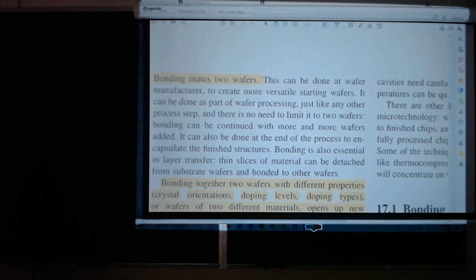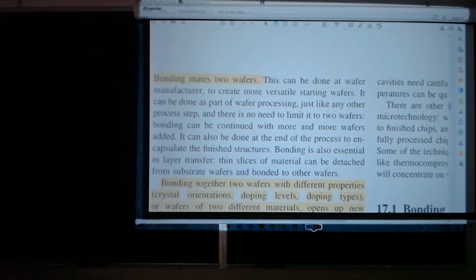I'll just say in words, and it's perhaps a little bit obvious, that if you bond at the wafer level, we haven't talked about making chips, but obviously, wafers are composed of chips. You have many chips on a wafer, and you saw up the wafer afterwards to separate them into their chips.